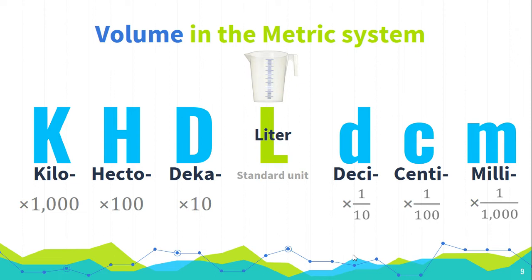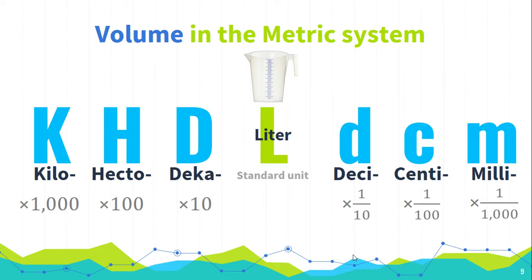This very much works the same way that our number system works, where a liter, you can think of as your ones. The deca is like your tens. Hecto is like your hundreds. Kilo is like 1,000.